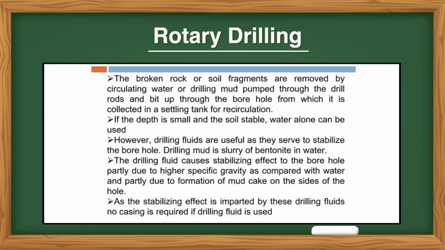The drilling fluid causes a stabilizing effect on the boreholes, partly due to higher specific gravity as compared with water and partly due to formation of a mud cake on the side of the holes. As the stabilizing effect is imparted by these drilling fluids, no casing is required if drilling fluid is used.